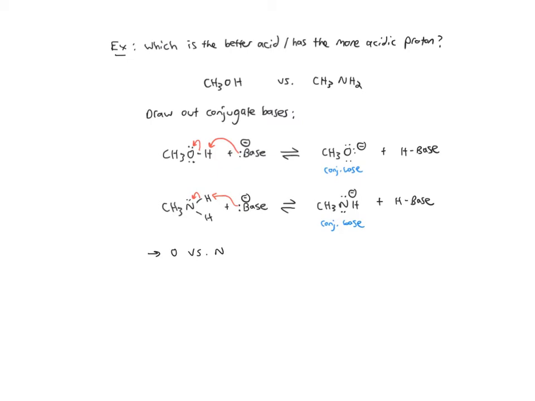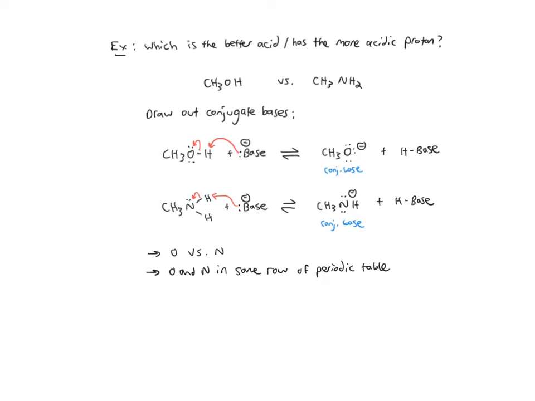And so we turn to the periodic table and we see that they're in the same row. We're going to be comparing atoms that are either in the same row or the same column. We're not going to be able to compare them if they're not in the same row or same column. So you're always going to be asking yourself, are these two different atoms in the same row, or are they in the same column of the periodic table?